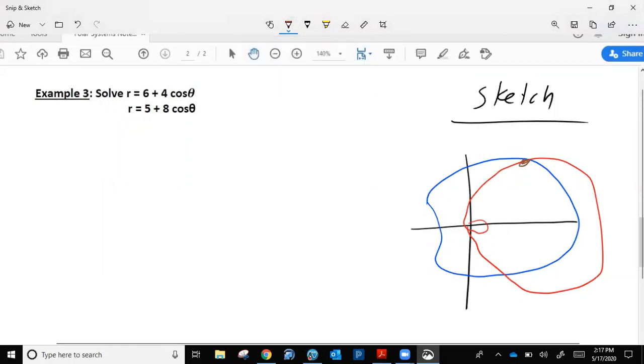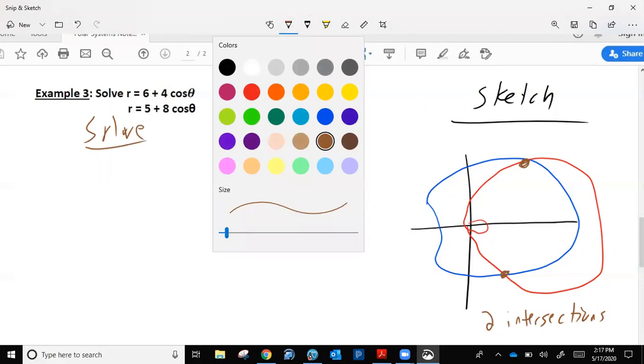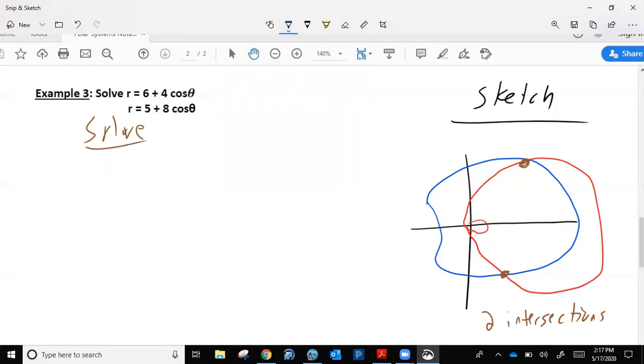And again, we're looking at two intersections. Now let's find those, or verify what the solutions are. So we have to solve this. And like we did last time, set these equal to each other.